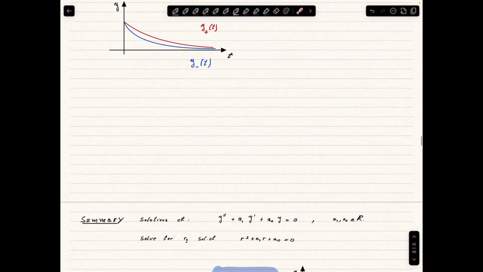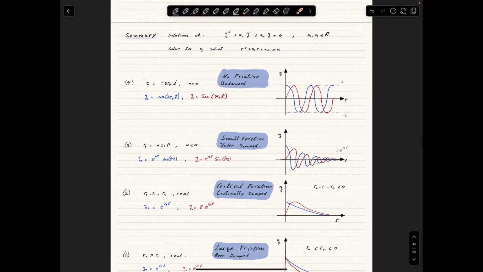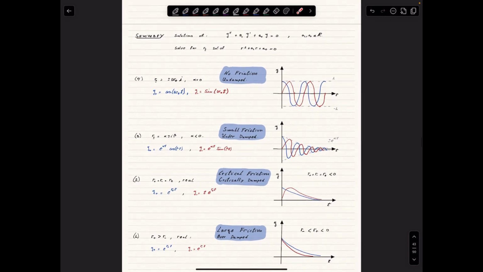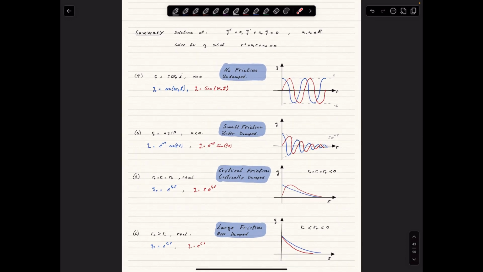So here we have a summary of all the cases and the pictures in just one slide. We were solving this type of equations, we find the roots of the characteristic equation, and we have different cases. The case of no friction, where the solutions oscillate forever.